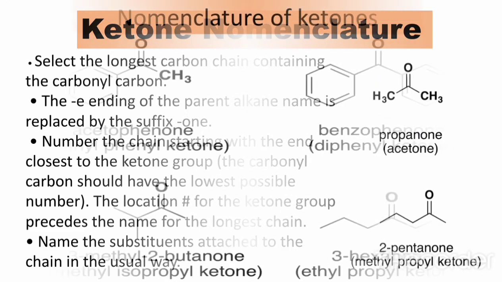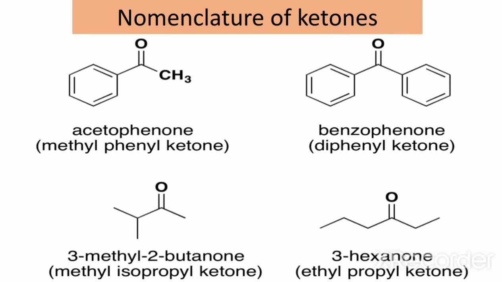Now some more examples of ketones, and we have to name them according to the general rules. The first compound has a ring structure, with a ketone group attached on the ring.